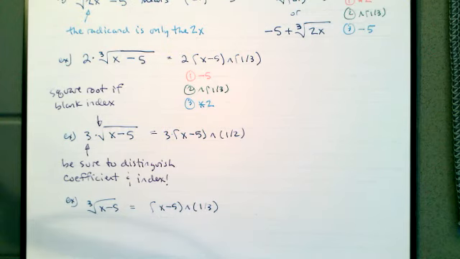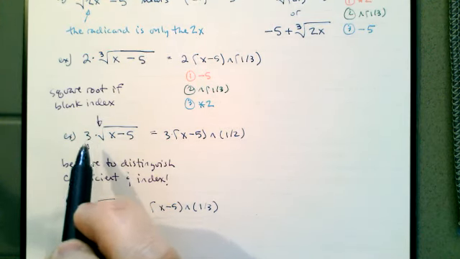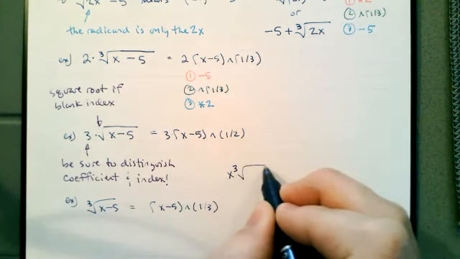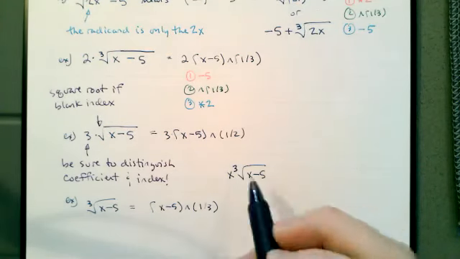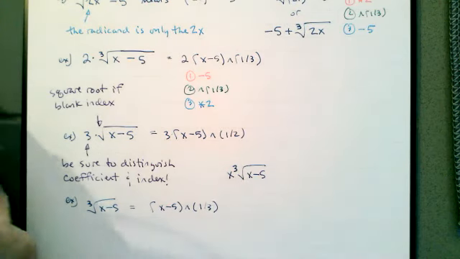This is especially bad if things aren't just numbers. Like if I have a power of x out in front, is this 3 the exponent of the x or the index of the radical?